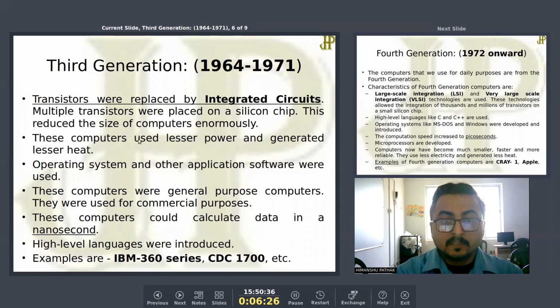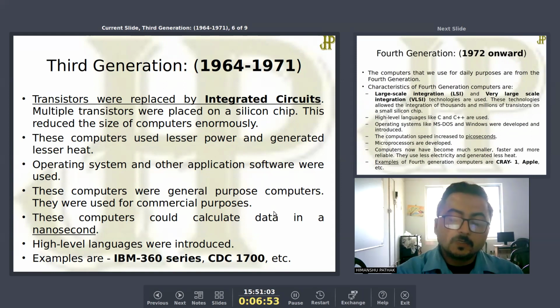Due to this, computer used lesser power and generated lesser heat. Now, in this generation, the concept of operating system and other application softwares arrived. These computers were developed for general purpose as well as commercial purpose.